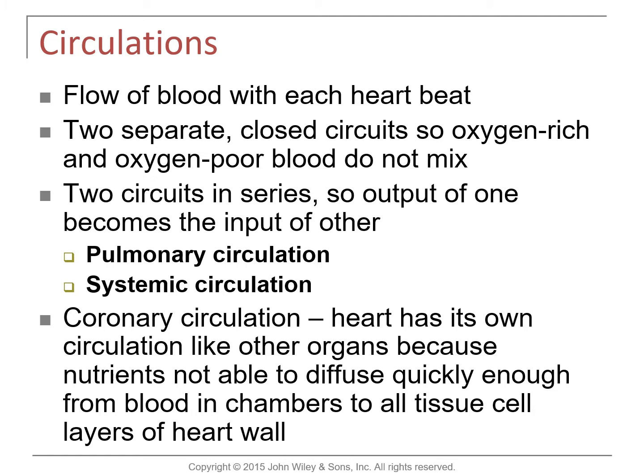Part of the systemic circulation is the coronary circulation, and this is created by the blood vessels that bring blood deep into the muscle tissue itself. The heart requires its own circulation, just like other organs, because the blood passing through the chambers does not have sufficient time to diffuse into all of the muscle cells that make up that thick myocardium.